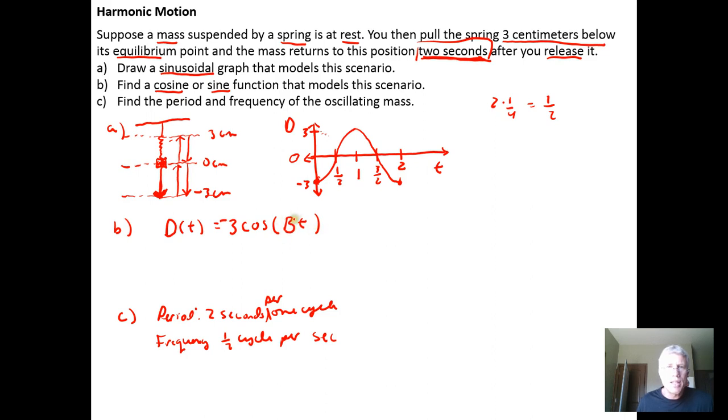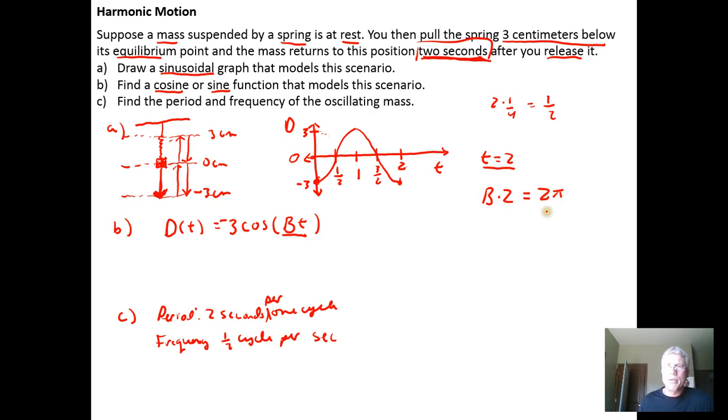So b times t. We need to figure out what b is, but we know the period is 2, and this is the t-axis. So t equals 2 needs to correspond to 1 cycle, which needs to correspond to 2 pi radians, or 1 trip around the unit circle. So we take our b times t. But we see that t is 2 for 1 trip to happen, so we need b times 2 to equal 2 pi.